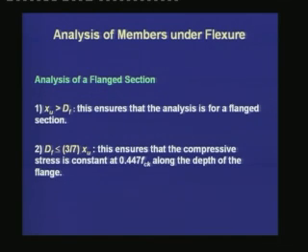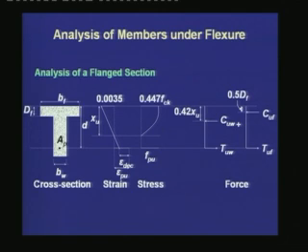Let's understand this from the sketch. In the sketch on the left hand side, we are seeing the cross section of a flange section. As I mentioned last time, for a limit states design for the ultimate strength, the first thing we have to draw is the strain profile, because the ultimate state is defined as the instant when the strain in the concrete at the extreme edge becomes 0.0035.